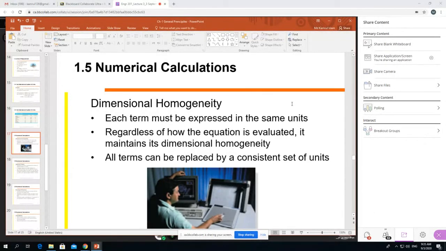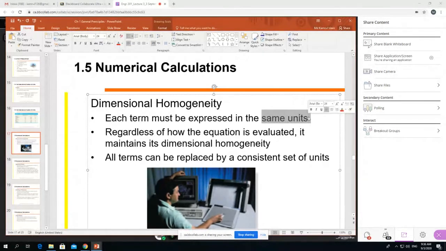What is dimensional homogeneity? Dimensional homogeneity means each term in the equation must be expressed in the same unit. Regardless of how equations are evaluated, it maintains the dimensional homogeneity.